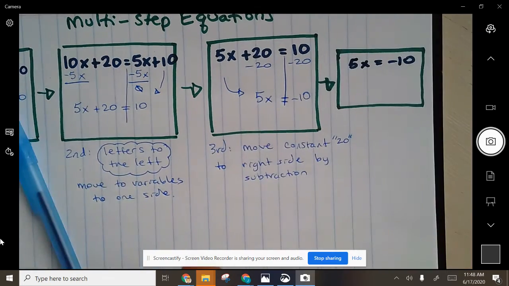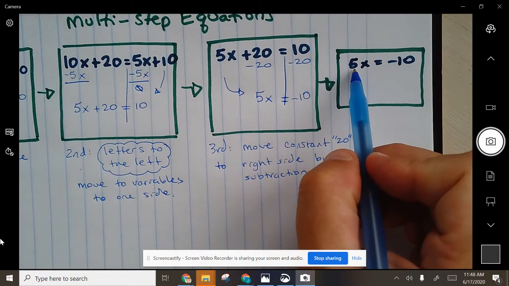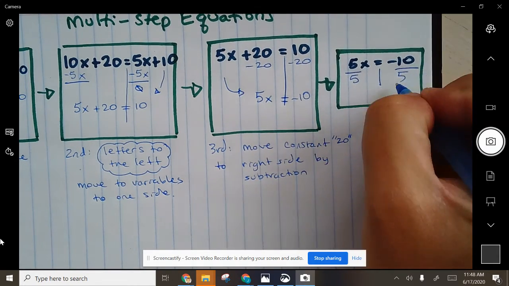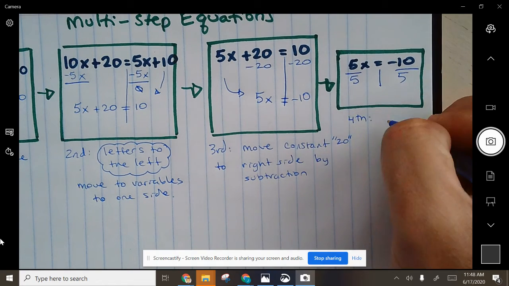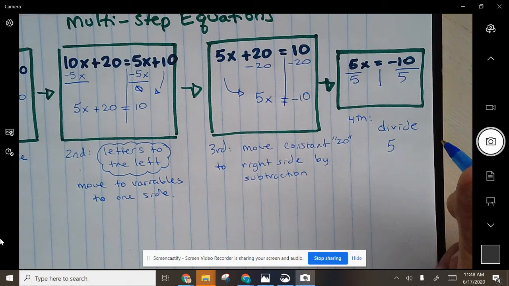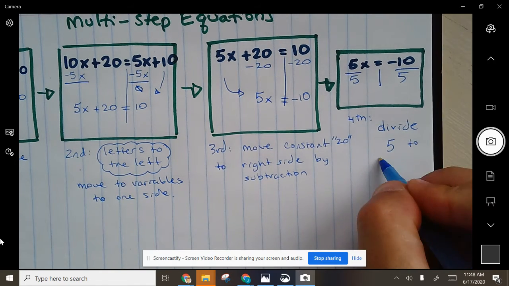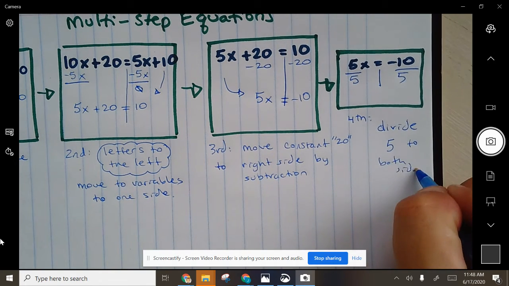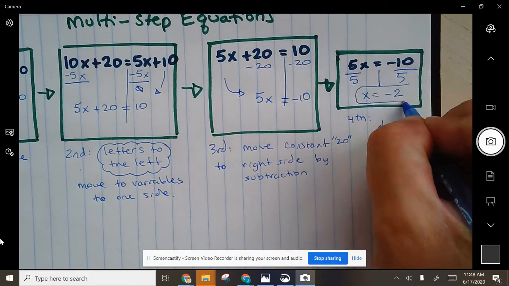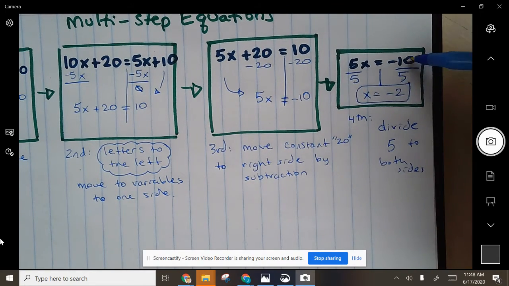Okay, I'll move over to the last step. 5x equals negative 10. Your fourth step would be just to divide 5 on both sides and simplify. Okay. X equals negative 2. Why is it negative 2? Because 5 goes into 10 twice, and that negative is there.